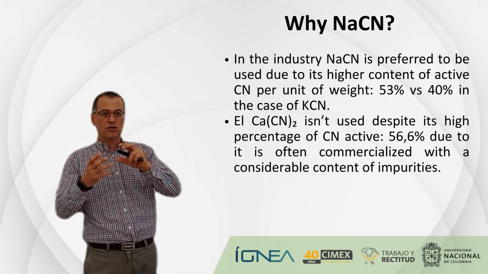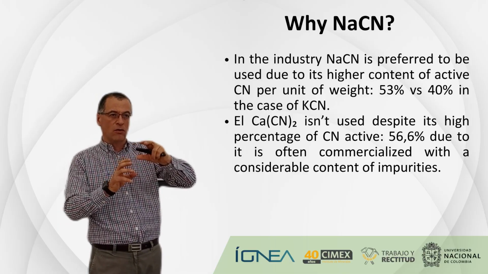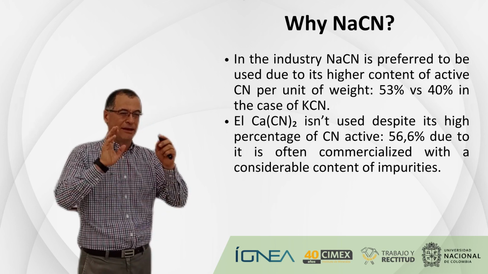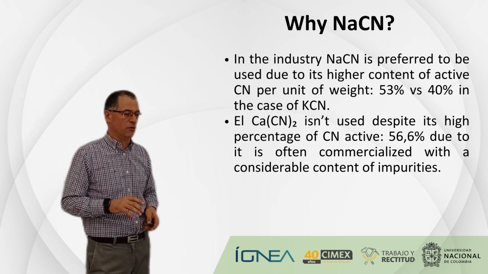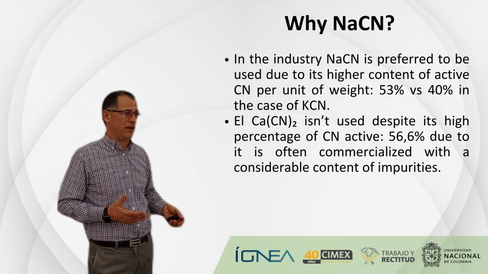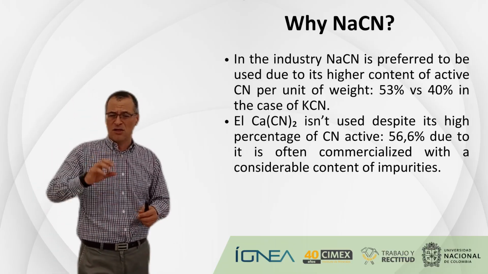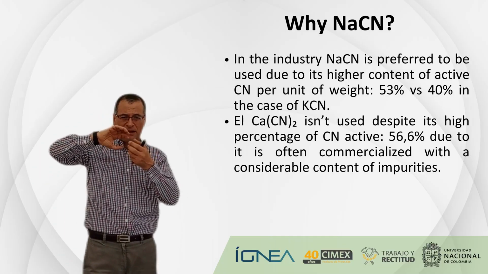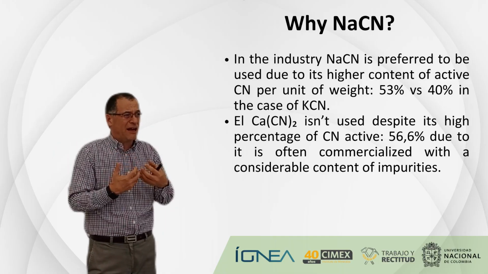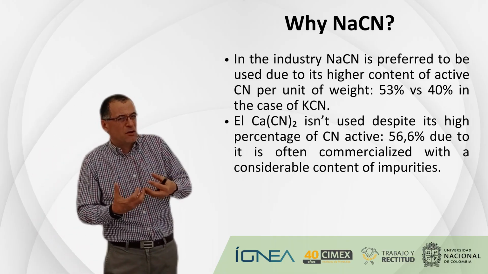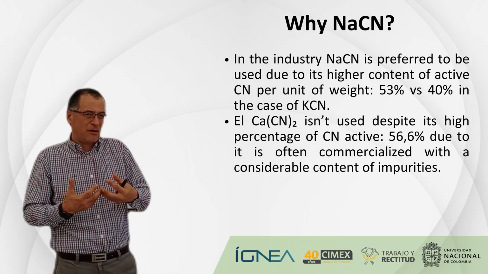This is sodium gold cyanide or potassium gold cyanide. This is the key of the process that we are going to do. The question is, why sodium cyanide? Because sodium cyanide is more potent.